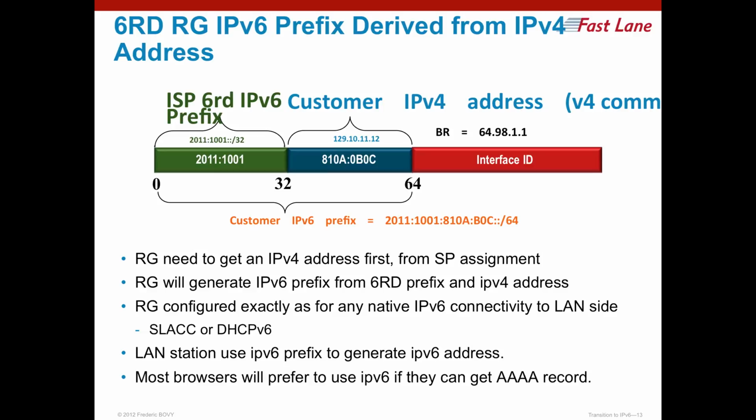So again, it is exactly the same principle as 6to4. The only difference is the prefix, which is no more 2002, but a customized prefix which permits to customize a service provider, and for the service provider to implement a relay and control the return traffic back to the customer.